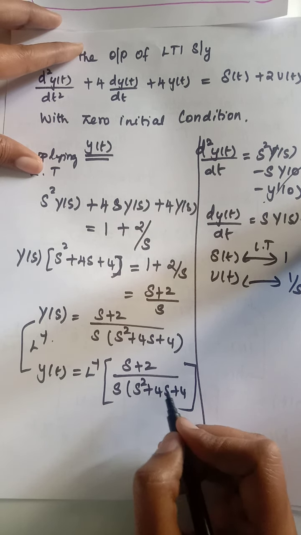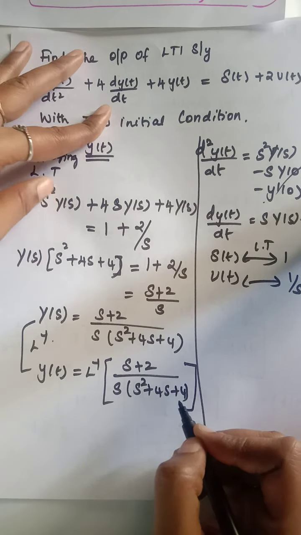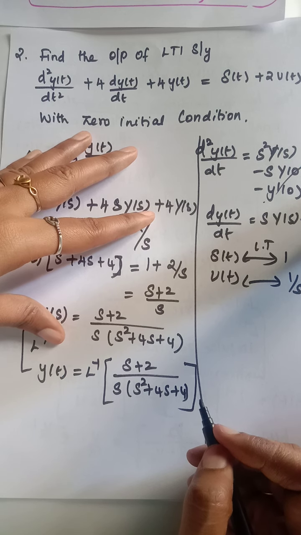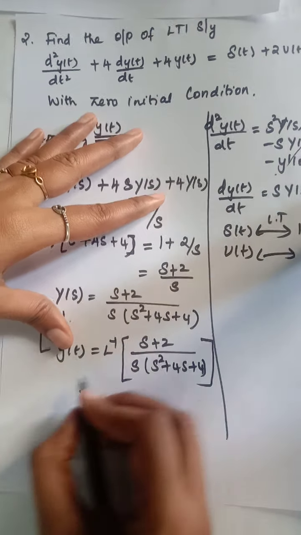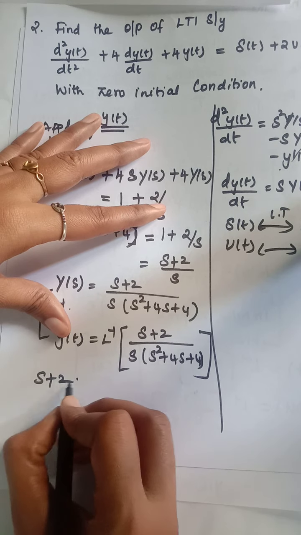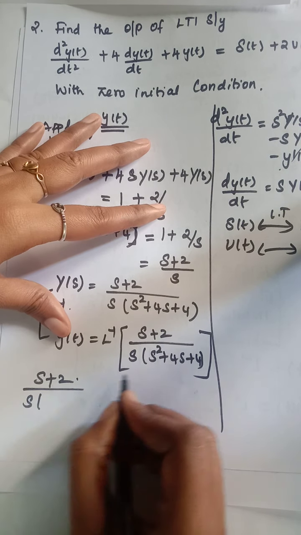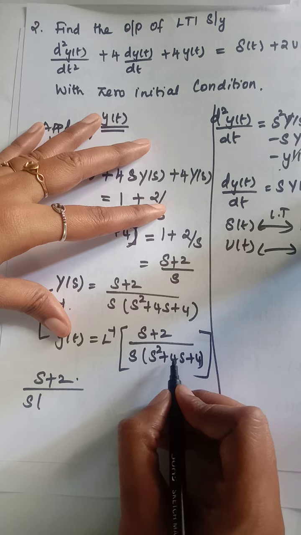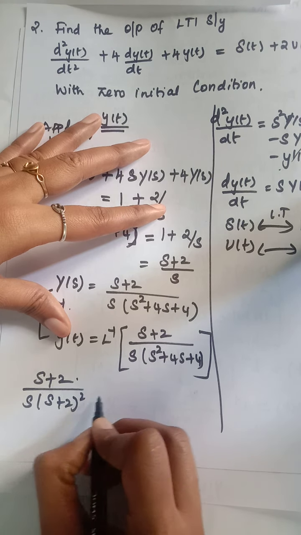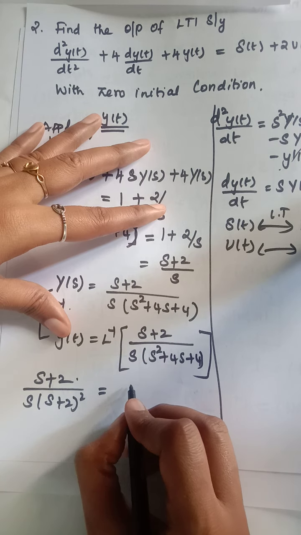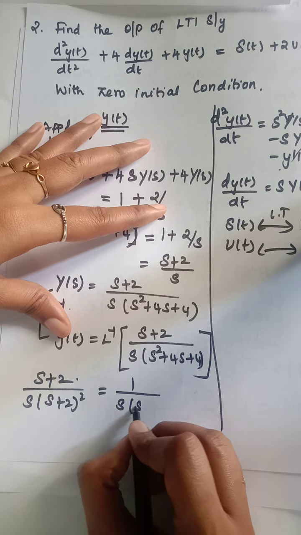So directly I may not be able to apply the Laplace transform for this, because here I am having two functions, so I need to simplify it. First I will take this function, (s plus 2) by s into, this can be written as a square plus 2ab plus b square, so (s plus 2) the whole square. So here this term will get cancelled, so 1 by s into (s plus 2).